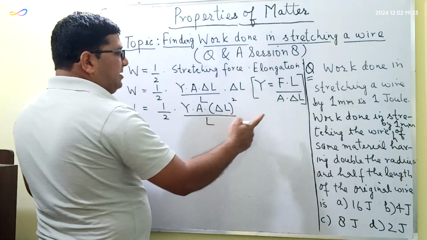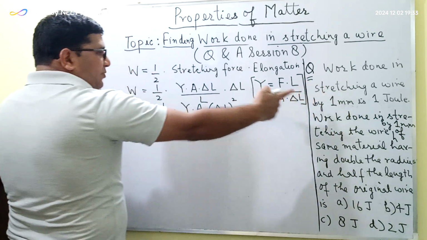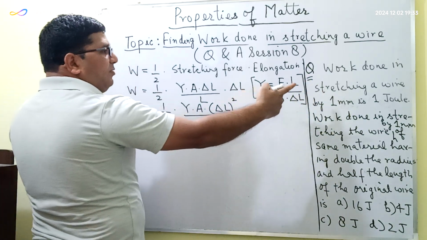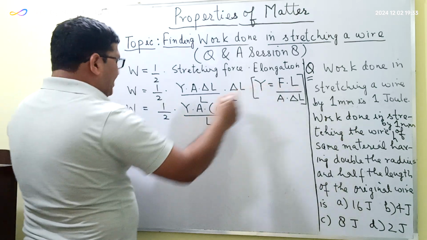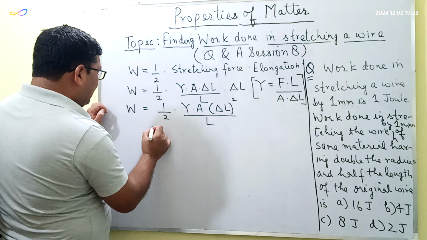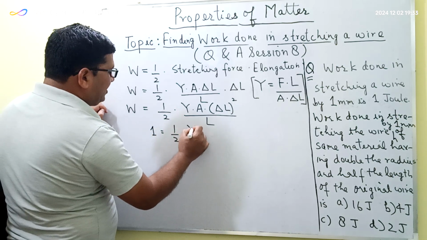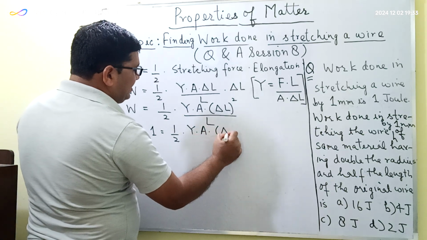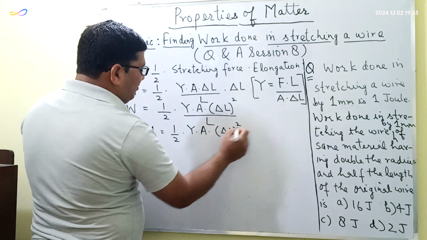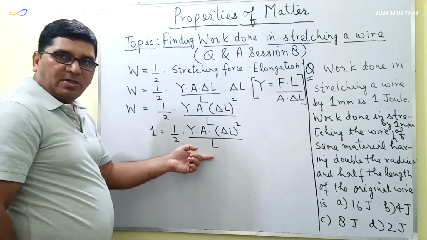So the work done in stretching the first wire is equal to 1 joule. In the first case, this is equal to 1 by 2 into Y, the Young's modulus, A, the area of cross section, delta L, the elongation of the wire, divided by L, the original length of the wire.